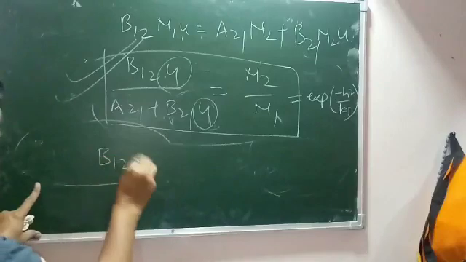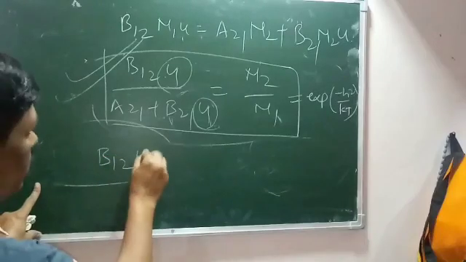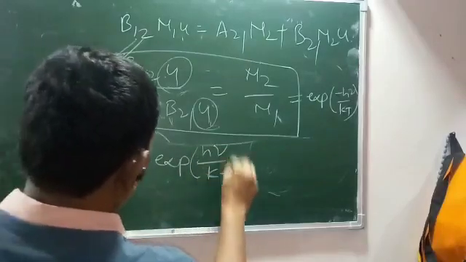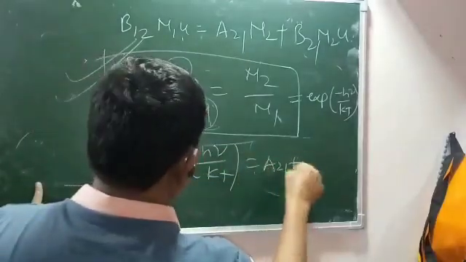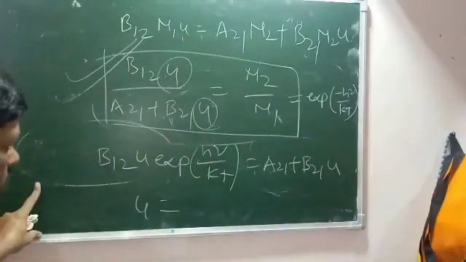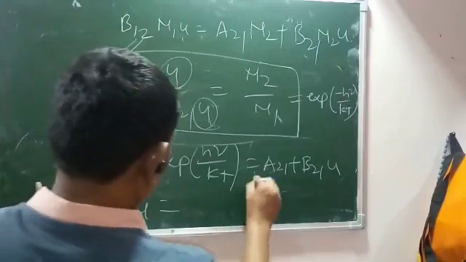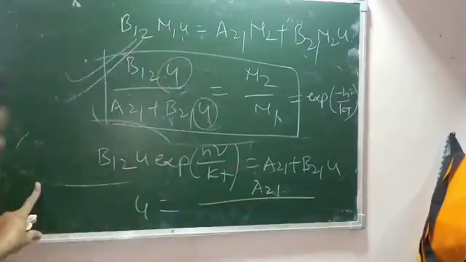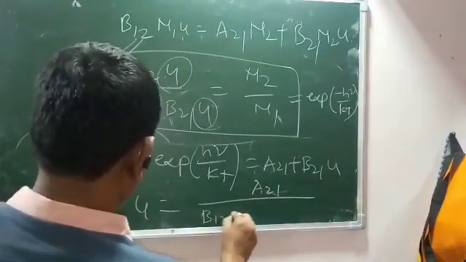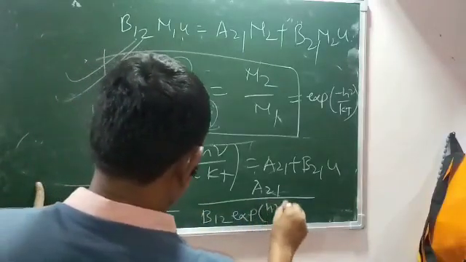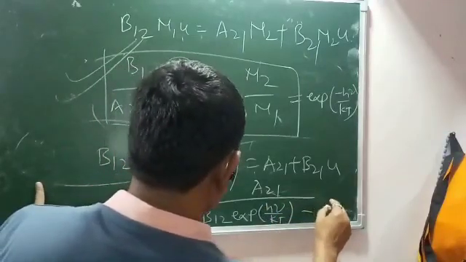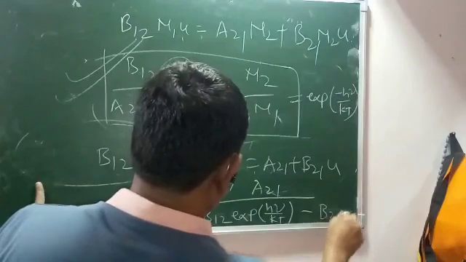Therefore, we write B12 U exponential of h nu by kT is equal to A21 plus B21 U, and U is equal to A21 by B12 exponential of h nu by kT minus B21.